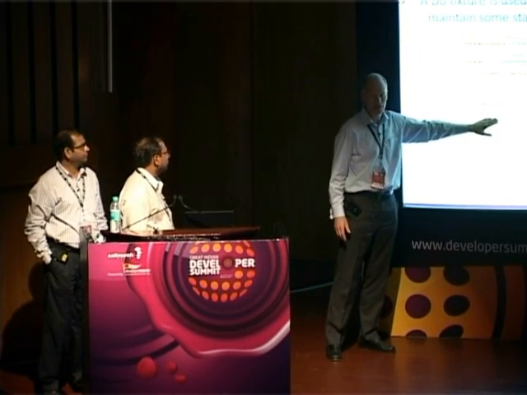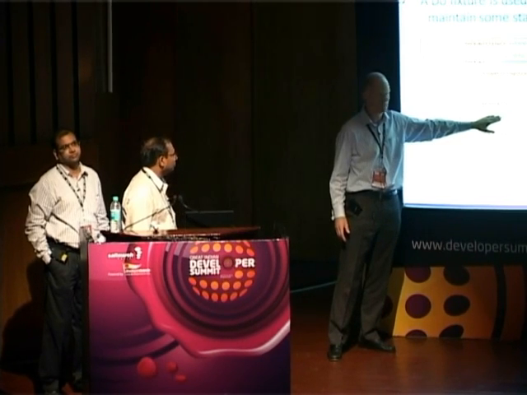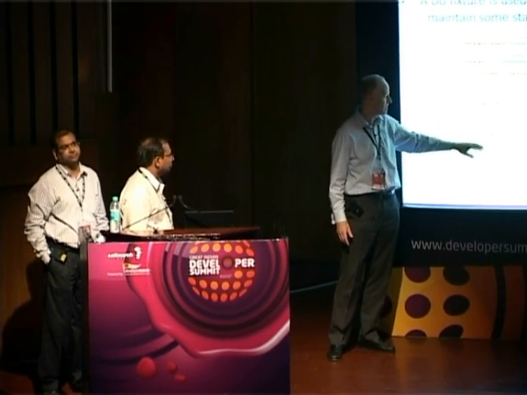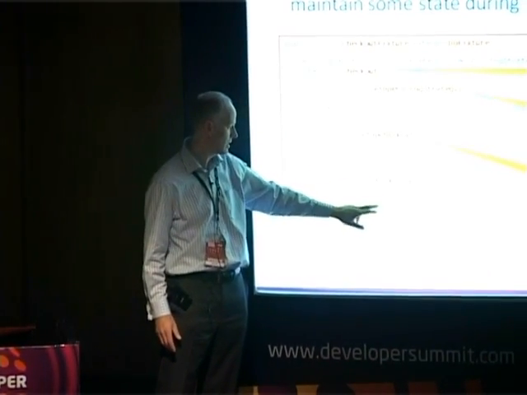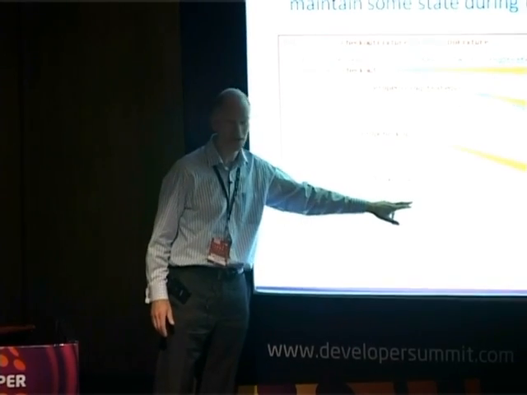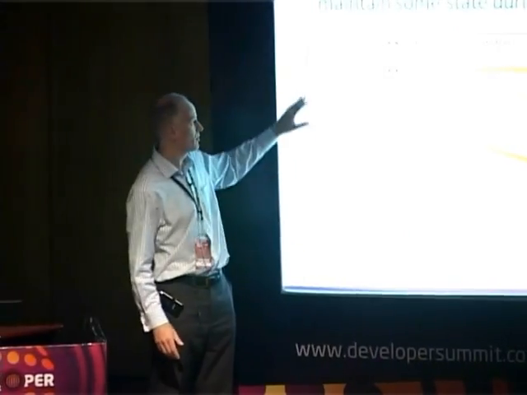This one here, you can just about see from the code, sets up a checkout impl with a pricing strategy, which it's got from here. And this one here returns the checkout scan fixture with the checkout that we've set up. So we can have a look at the checkout fixture code and see those public methods.